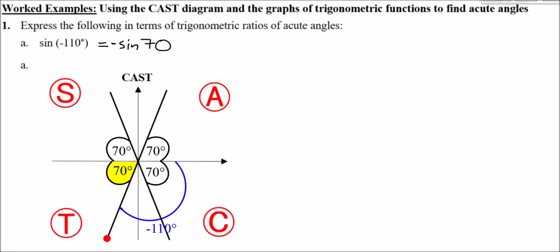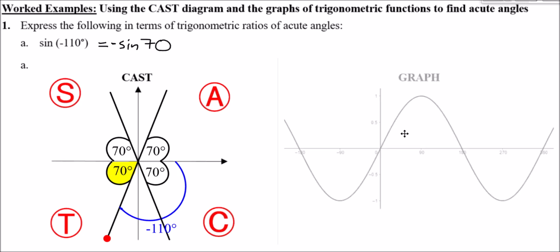So what you can also do here, if you remember the graphs well enough from GCSE of sine, cos and tan, you can actually use the graph to help you. So using this graph here of sine theta, you need to first of all know that it has to relate to 70 degrees. So minus 110, we can use the graph and just sketch in roughly where minus 110 would be. So it'd be about here. And you can now use the symmetry to help you out.